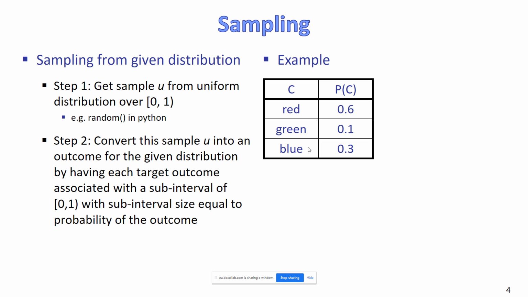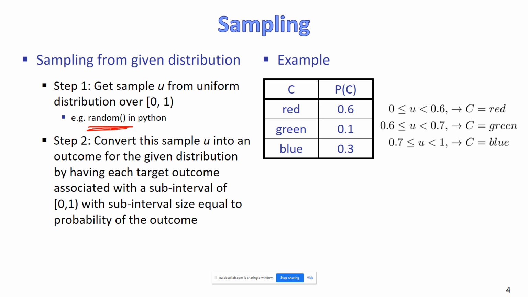It's really easy and straightforward. We will assume that we have a random number generator, like the random function in Python. I'm sure that you heard about it or you used it before. The random function in Python will give us a number between 0 and 1. By calling that function, I will get a random number between 0 and 1, and I will use that number to simulate a sample from that distribution.